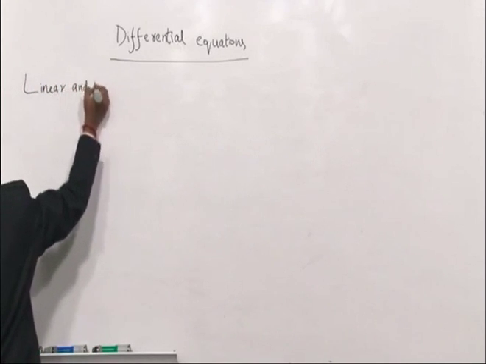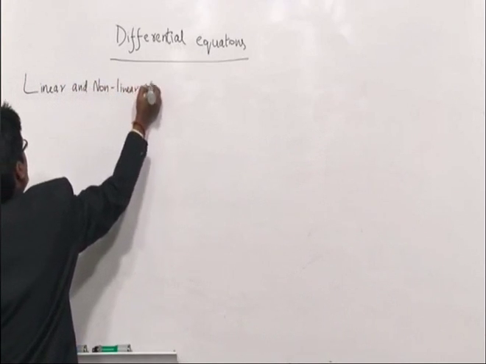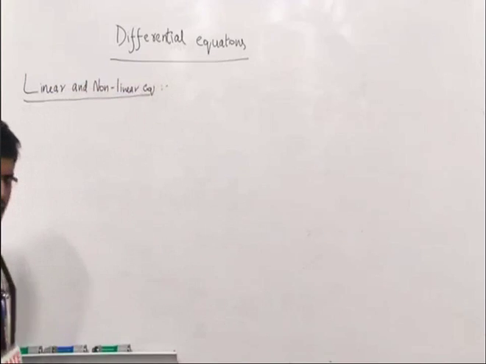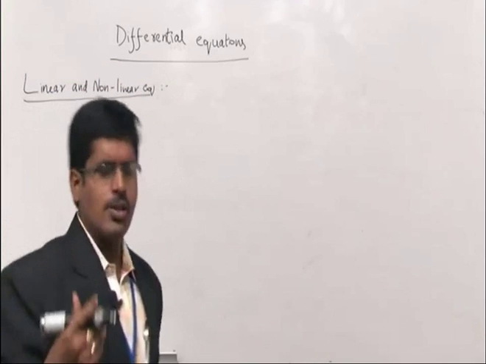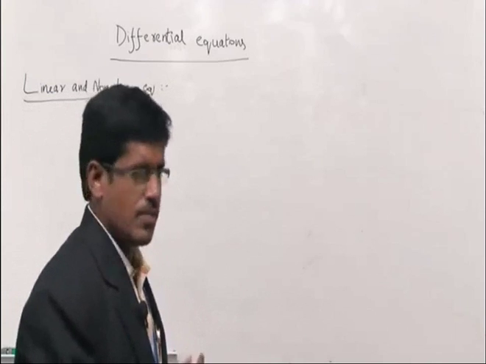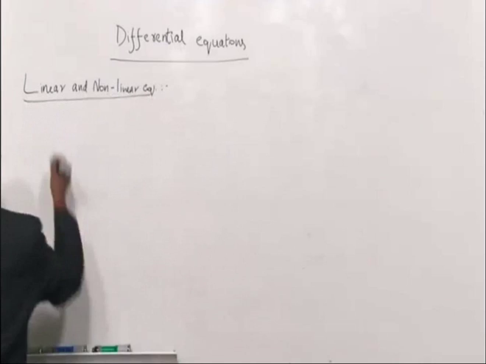Linear and non-linear equation. Before going to start the procedure, one by one procedure to solve first order equations, let us know two to three more basic definitions. Eq. dot means equation.